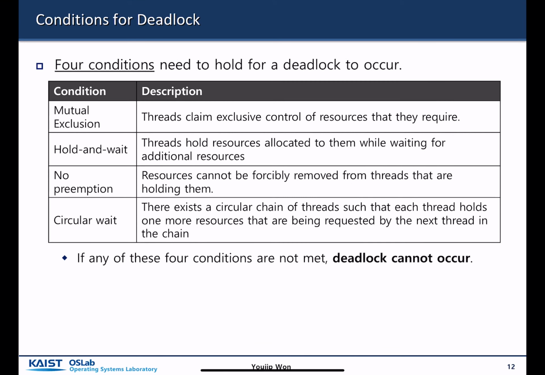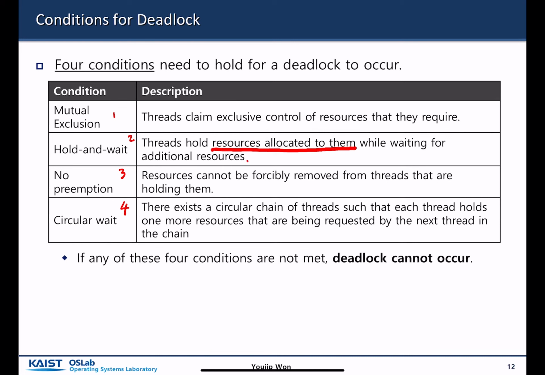So there are 4 conditions: the mutual exclusion, the hold and wait, no preemption, and circular wait. Mutual exclusion is a situation where threads claim exclusive control of the resources that they require. Hold and wait denotes the case where threads hold resources allocated to them while waiting for additional resources.